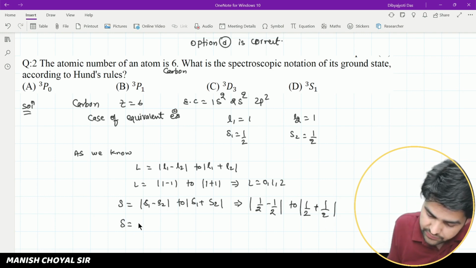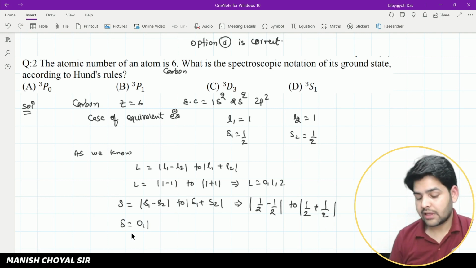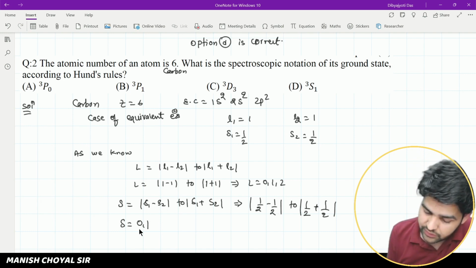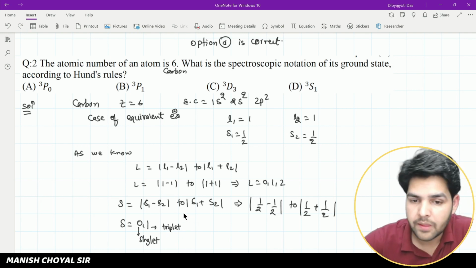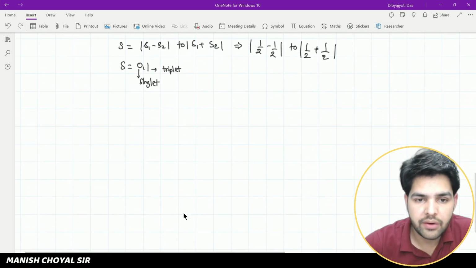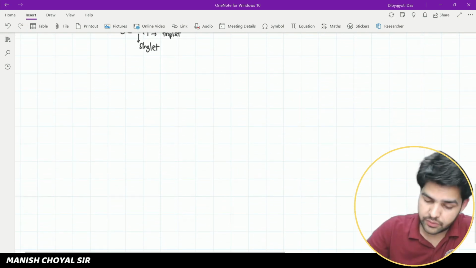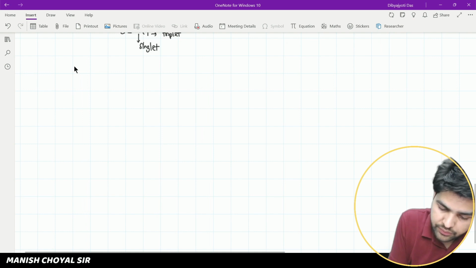So the possible S values are 0 and 1, so we can say 0 corresponds to singlet state and 1 corresponds to triplet. Okay, so now the corresponding J values, so make a table here.